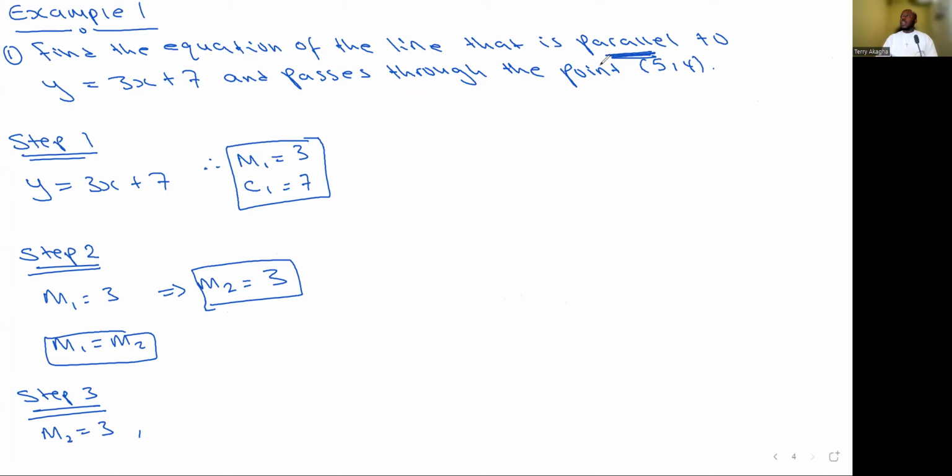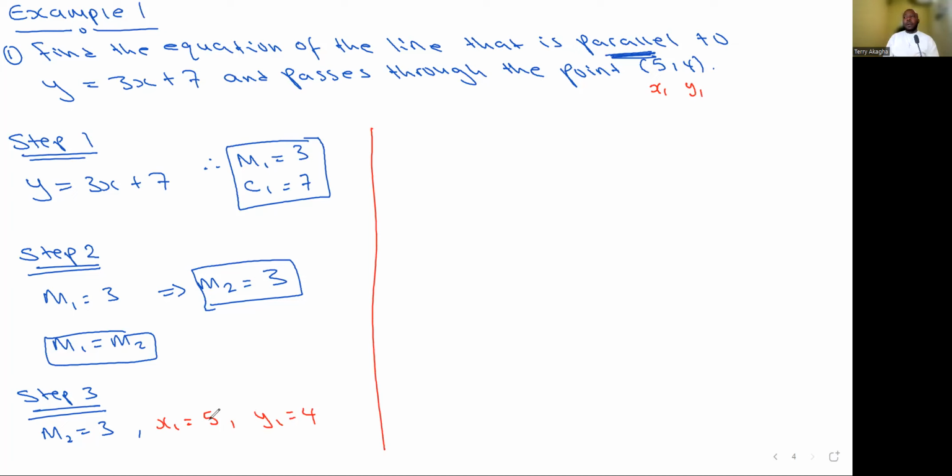We know also that they gave us the point the second line passes through, x1 and y1. So x1 is equal to 5 and y1 is equal to 4. So we have one slope and one point.